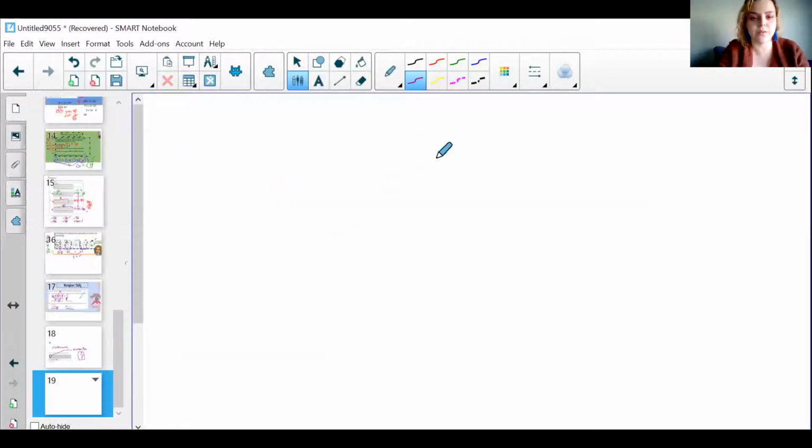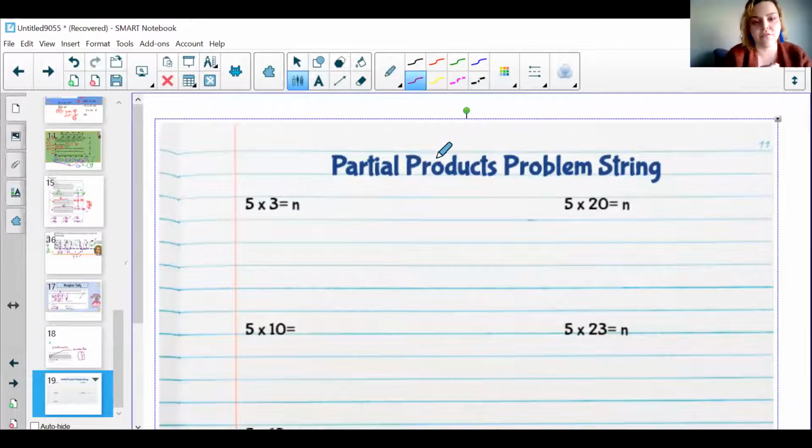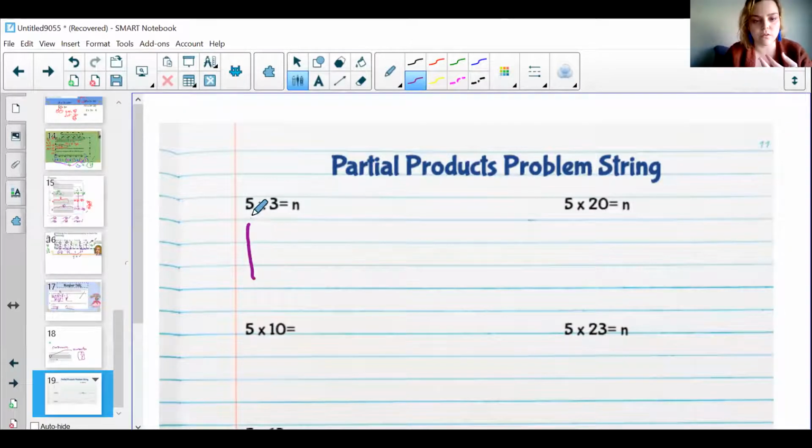Okay, so pasting now. So we have 5 times 3 equals n, which we could represent with an array. 5 rows and 3 columns. And whatever I'm doing, you can do in your notebook. It's harder for me to write neatly on here, so you guys can try to write as neatly as possible.